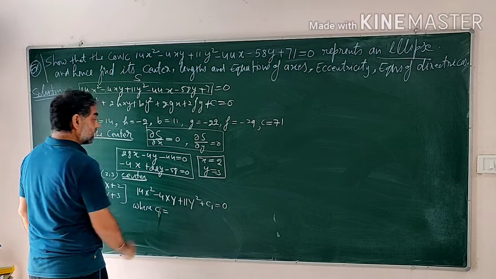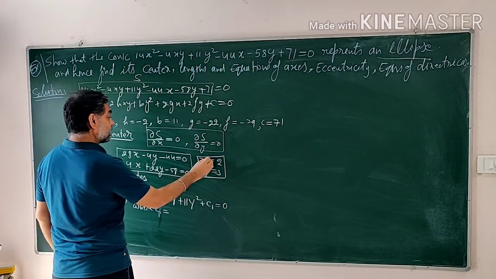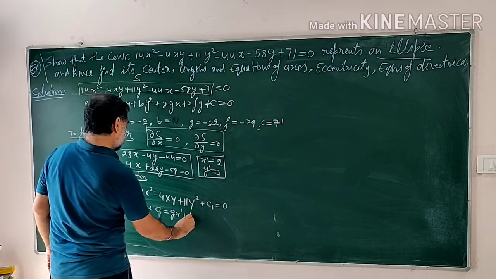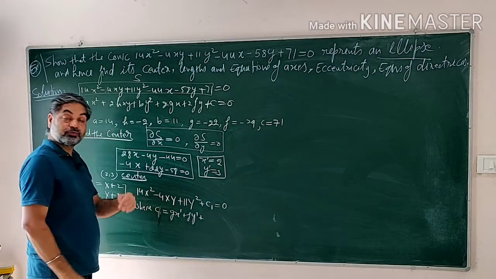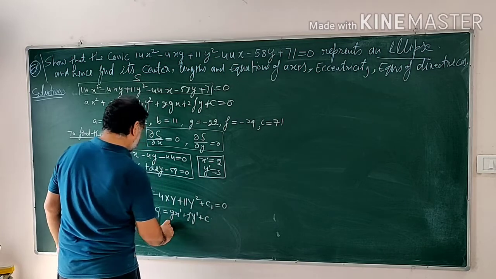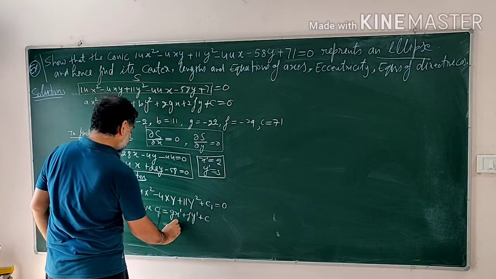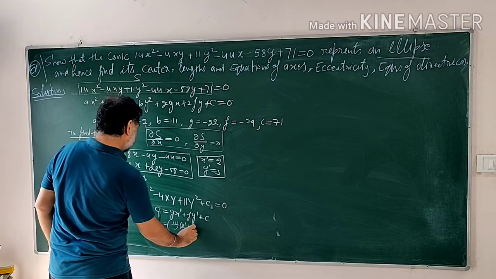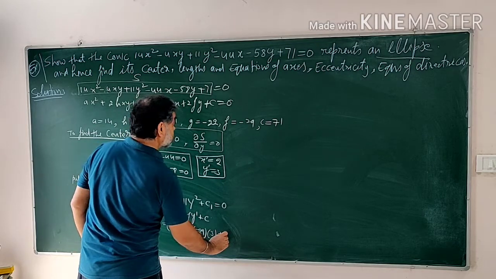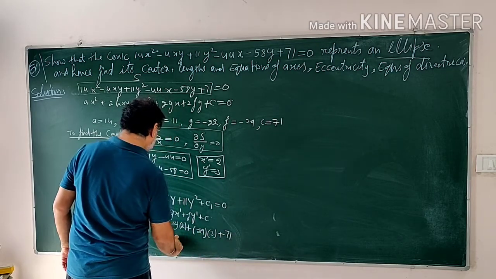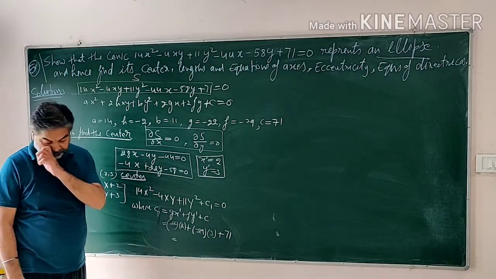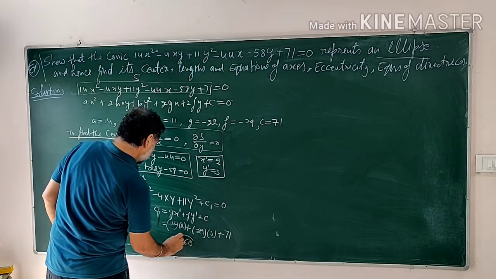what is c1? Let's call the center (x', y'). The value of c1 would be gx' + fy' + c, and that is equal to g is −22, x' is 2, plus f is −29, y' is 3, plus c is 71, and this value of c1 comes out to be −60.